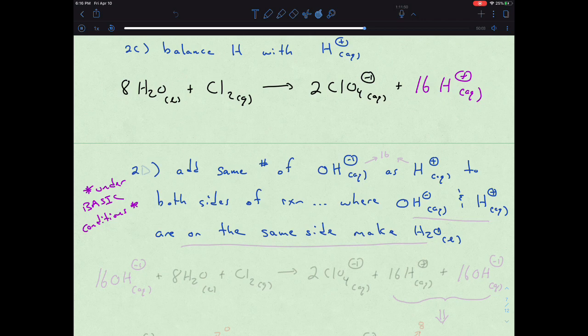So looking at our top idea, we had 16 protons added in the prior step, step 2C. Apologize if I said 2D there. That should be 2C, and this step should be 2D. So we need to balance out those protons that we added in the step that happened prior. So that means we would need to add 16 hydroxides to both sides of the reaction.